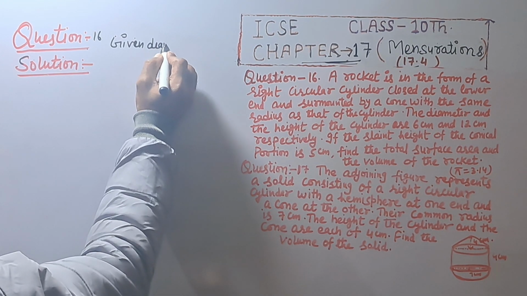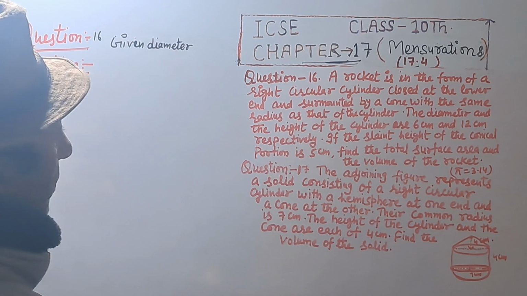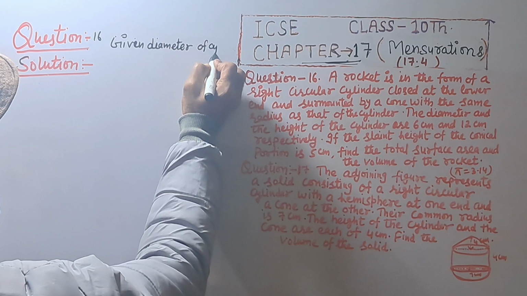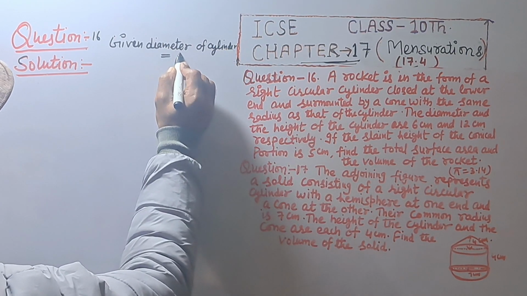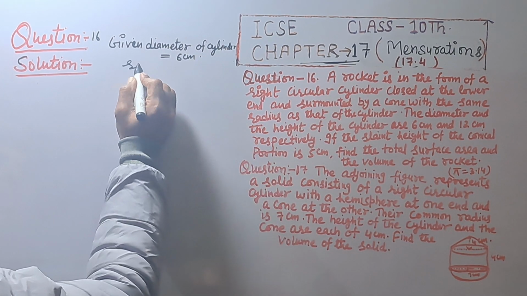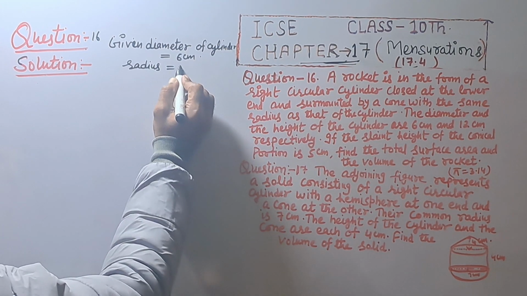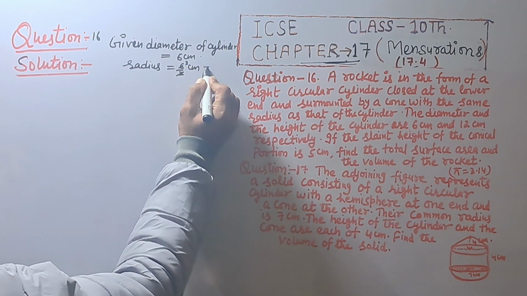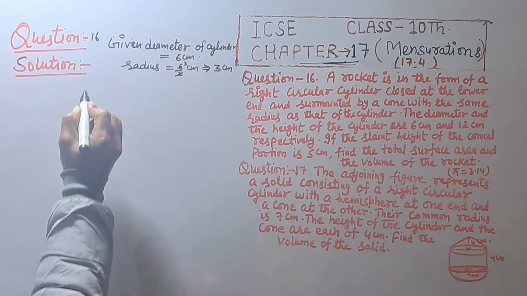Given: diameter of cylinder is equal to 6 cm. Radius is equal to 6 upon 2, that is equal to 3 cm.